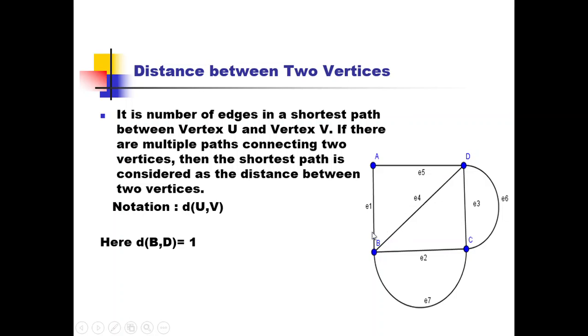If you consider B, E1, A, E5, D, that is also a path, but it is not the shortest path. The distance along B, E1, A, E5, D is 2 because it involves two edges. So the shortest path between B and D is B, E4, D, and that is 1. That is called the distance between two vertices.